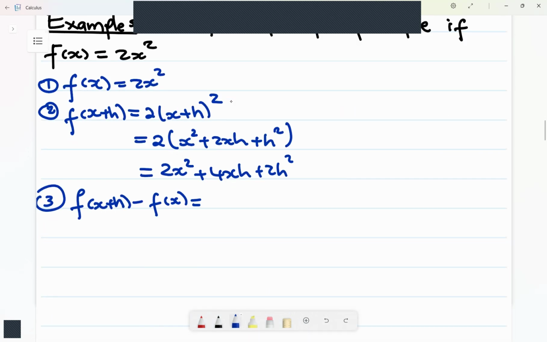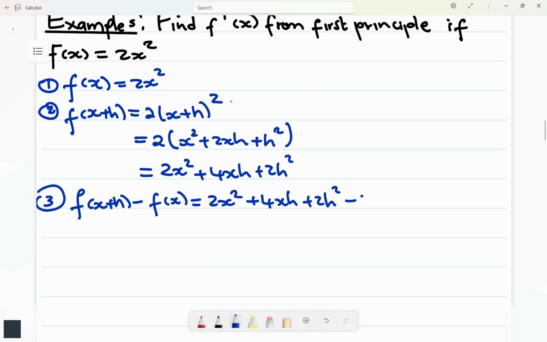Okay, what is f of x plus h? F of x plus h is 2x squared plus 4xh plus 2h squared minus 2x squared. When I simplify this, can you see now this one will cancel that? Then we'll be left with 4xh plus 2h squared.